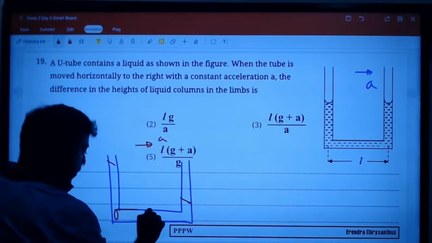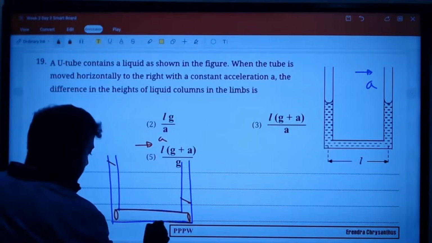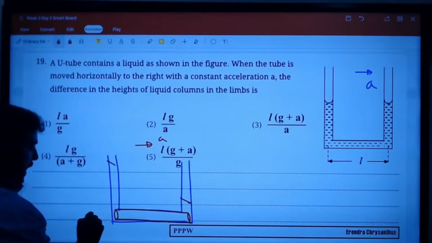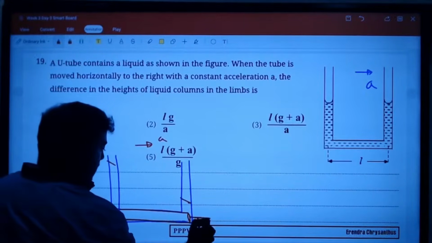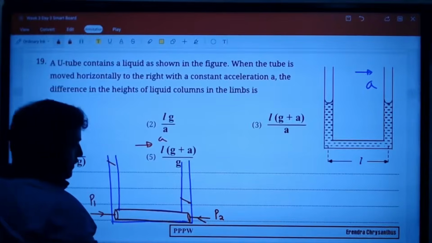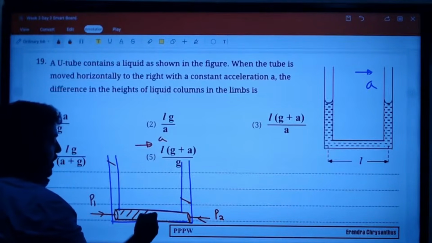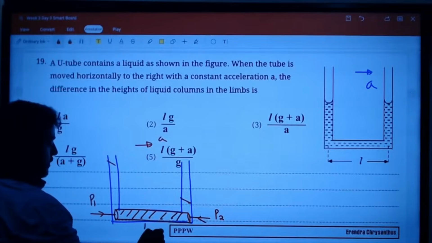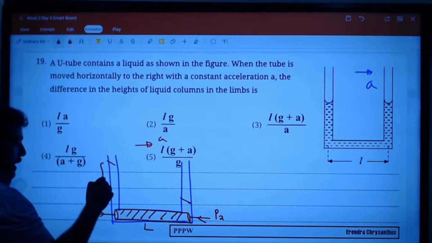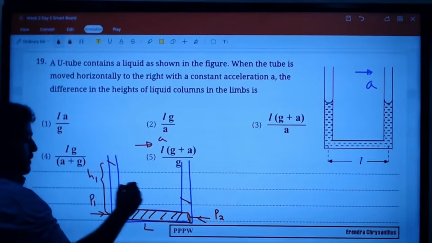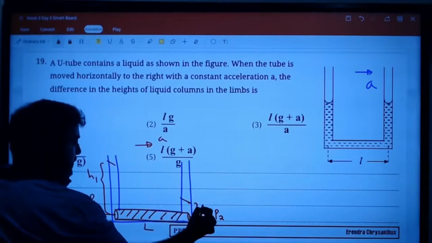If I take a horizontal fluid layer, this will have a greater height, so greater pressure. Shorter height, smaller pressure. When the tube is accelerating forward, this liquid also should accelerate forward. Here height is h1, here height is h2.